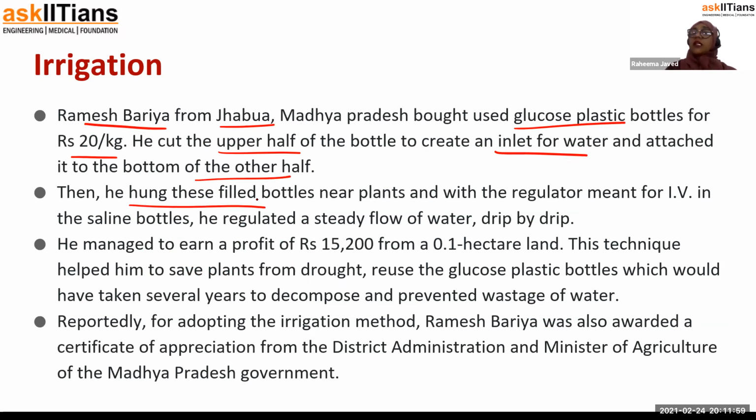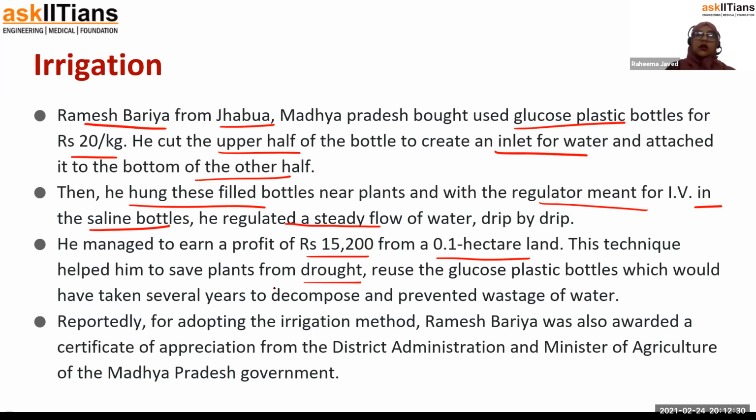Then he hung these filled bottles near the plants, with the regulator meant for IV. You must have seen this in saline bottles. He regulated a steady flow of water drip by drip. Because of this, he managed to earn a profit of 15,200 from 0.1 hectare of land. And this technique actually helped him to save plants from drought.